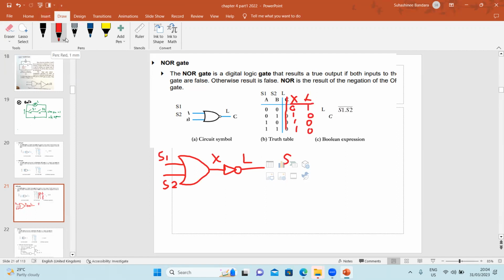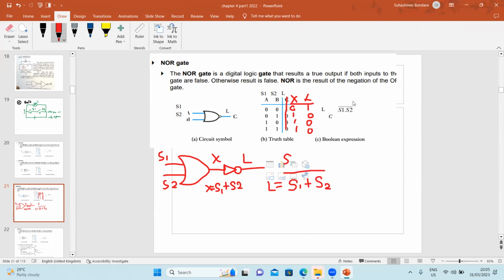Shall we copy this one? And the output should be X equal S1 plus S2. L should be S1 plus S2, OR gate, S1 plus S2 over bar.